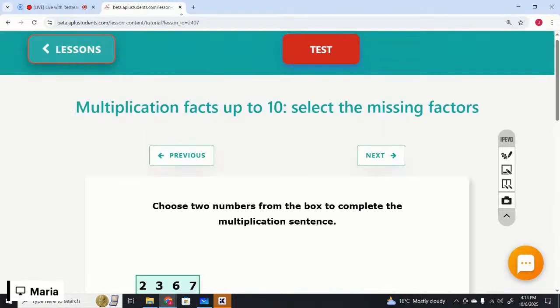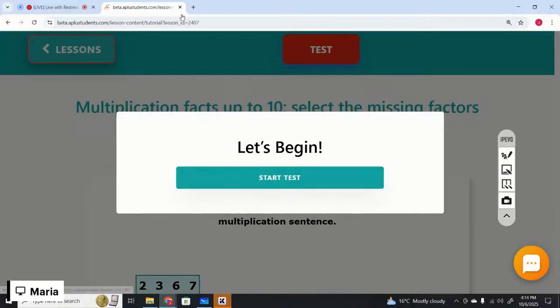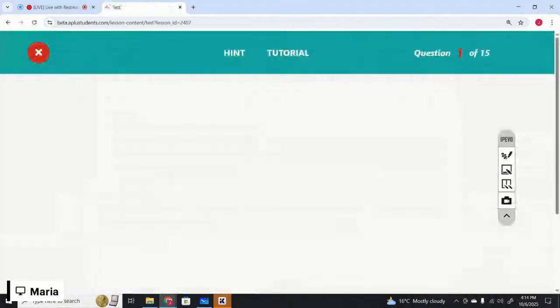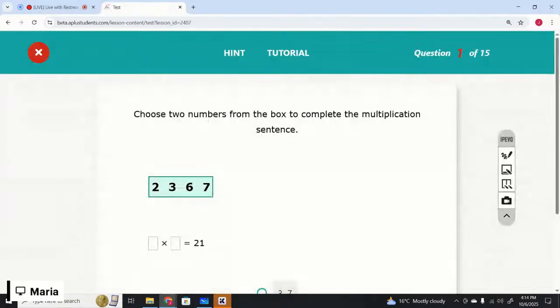Let's just start with the test questions. Choose the numbers from the box to complete the multiplication sentence.